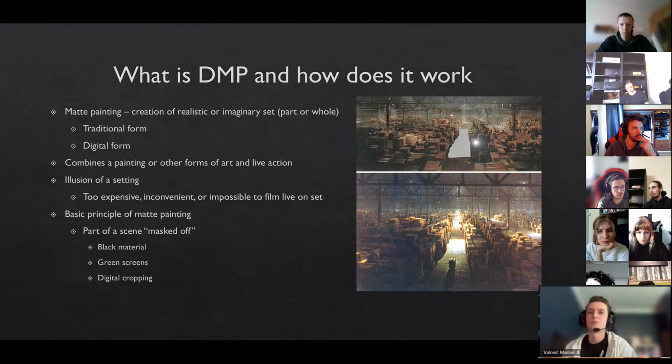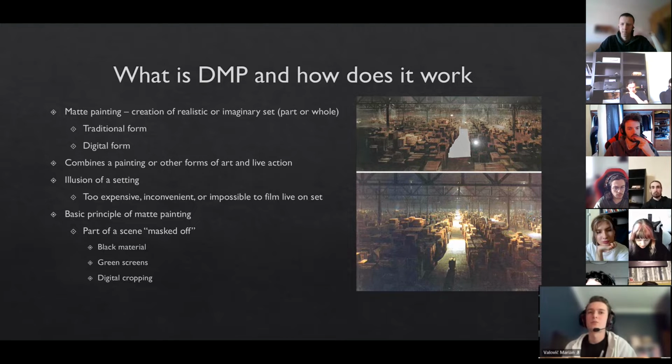DMP stands for digital matte painting, and its predecessor was matte painting, just matte painting, which is the process of creation of realistic or imaginary set, either part or in whole of the image. It divides into the traditional form and the digital form.